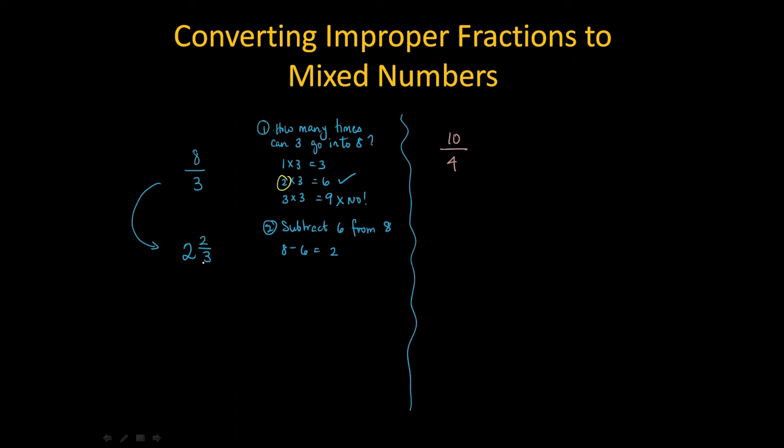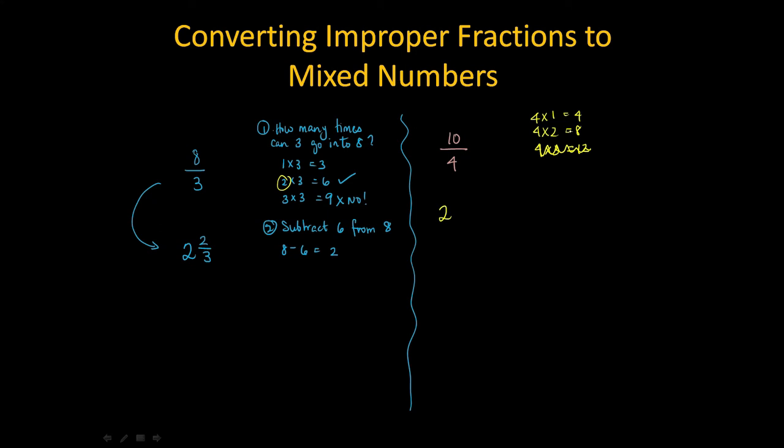We just put the remainder back over the denominator that was there. Let's try this one. Well, 4 can go into 10 once. It can also go into 10 twice. 4 times 1 is 4, 4 times 2 is 8, 4 times 3 is 12. So we have to stop at 2. So 4 can go into 10 2 times, and that would be 8.